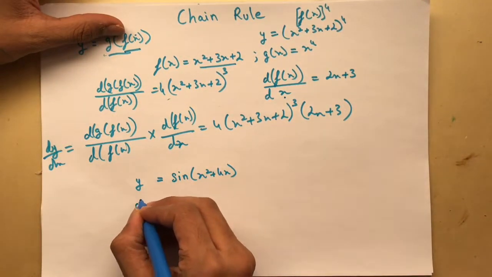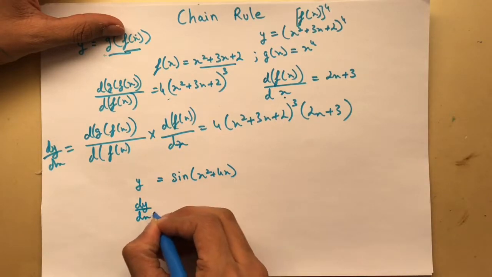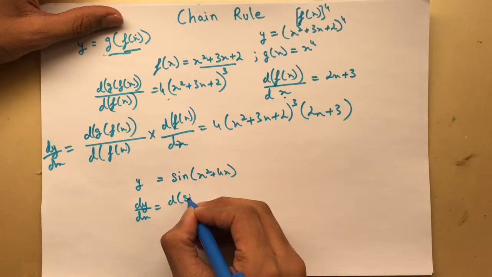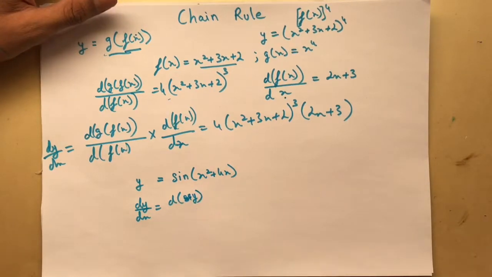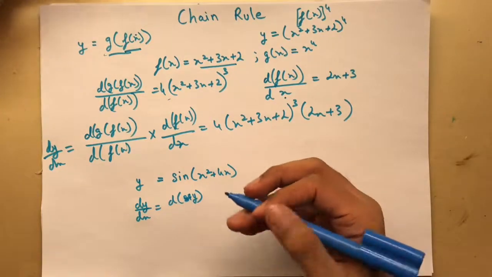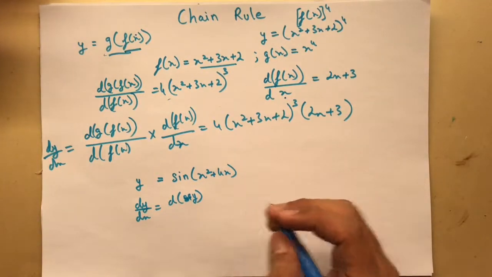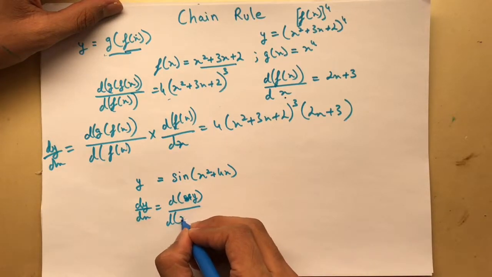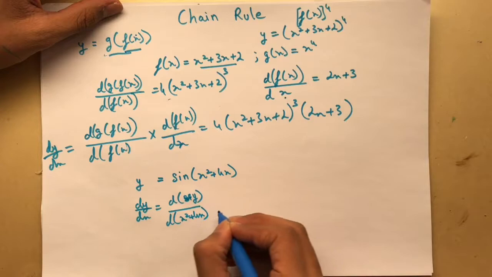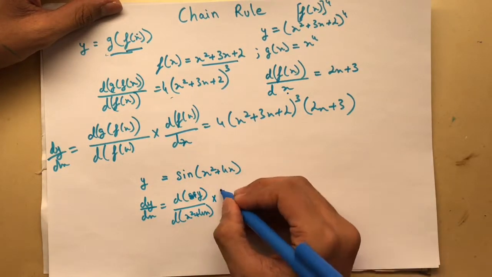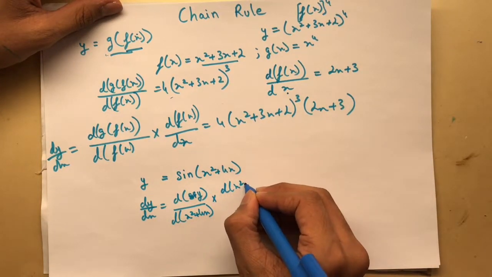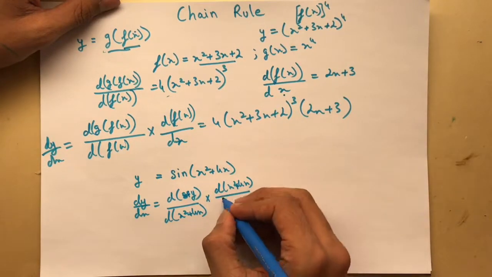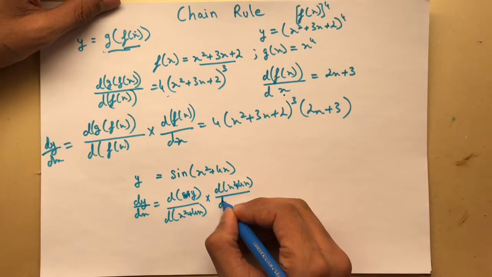So again, we want to find dy by dx, which can be written as d of y, which is in reality sine of x squared plus 4x, with respect to the change in x squared plus 4x, times the change of x squared plus 4x with respect to the change in x.